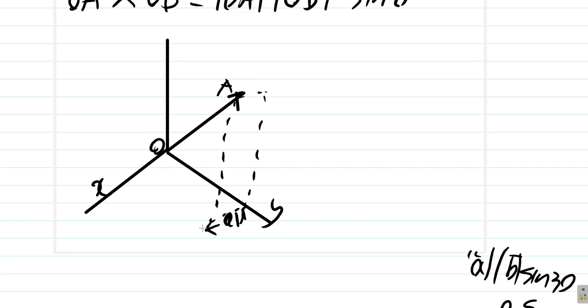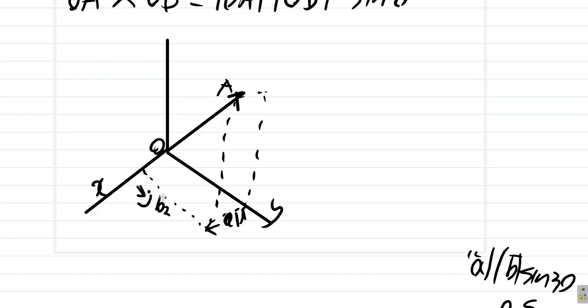In the y direction, it goes a certain distance, say B1. j is the unit vector showing the direction in the y direction, right?